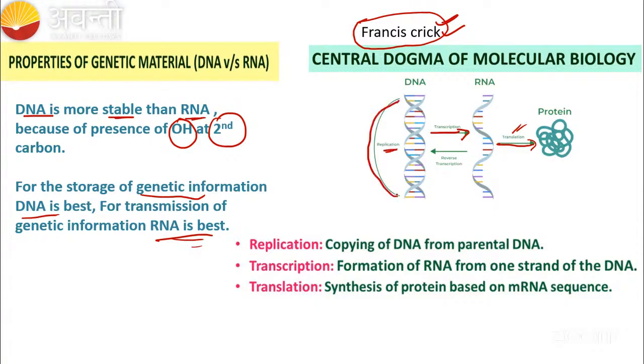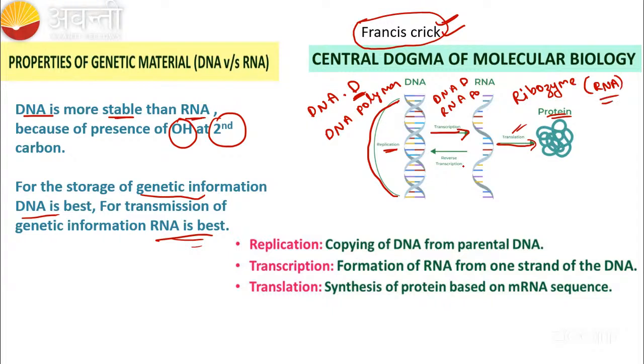Which enzymes are involved in the replication of DNA? DNA-dependent DNA polymerase enzyme. For transcription, we require DNA-dependent RNA polymerase enzyme. For RNA to protein, we require the enzyme called ribozyme, which is made up of RNA. So kindly remember that.